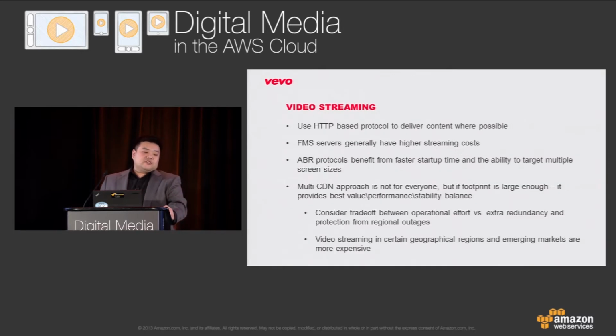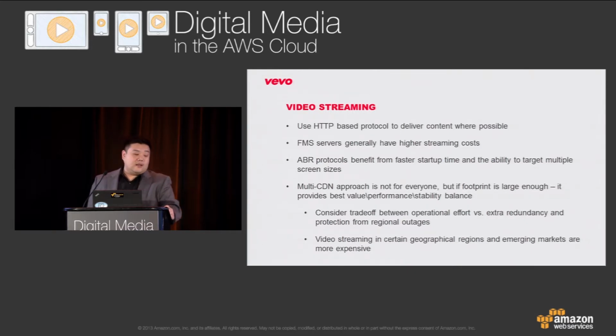With video streaming, you see the trend more and more now. It's good to move towards a purely HTTP-based protocol where possible. The reason is that there are other associated costs with FMS servers and licensing that limit your options in what you can do, the type of scale, and really the cost involved.